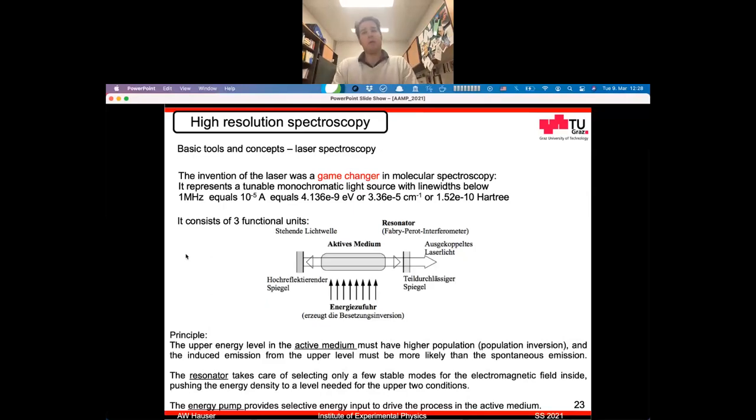But then this light is not a monochromatic light at first, right?